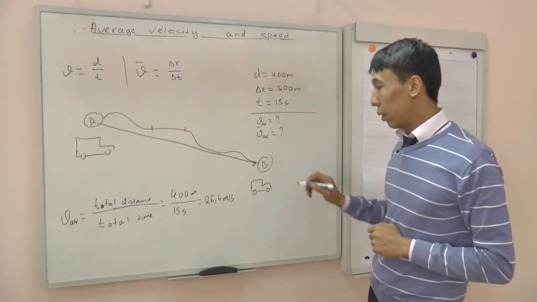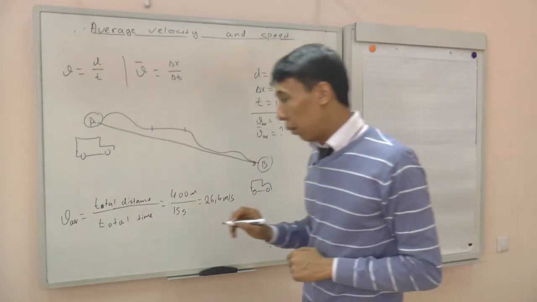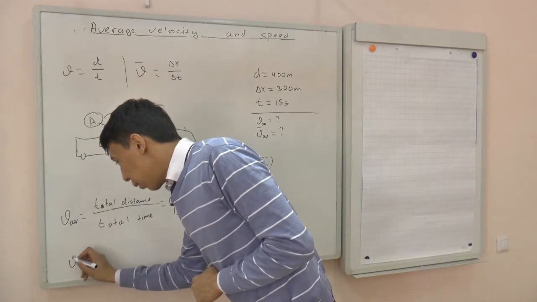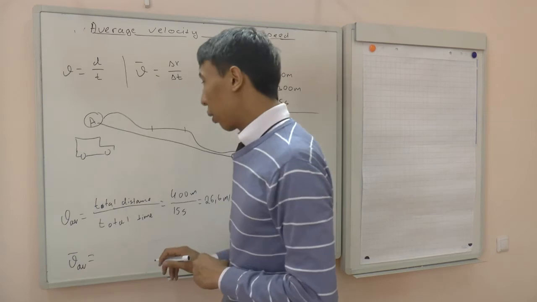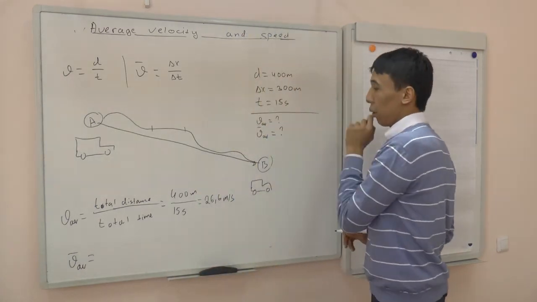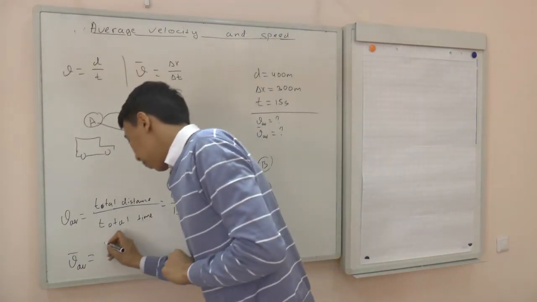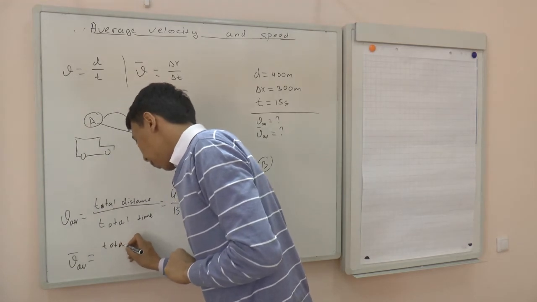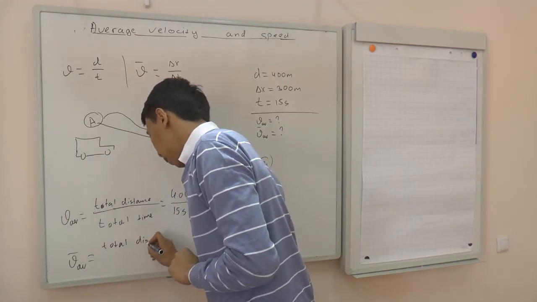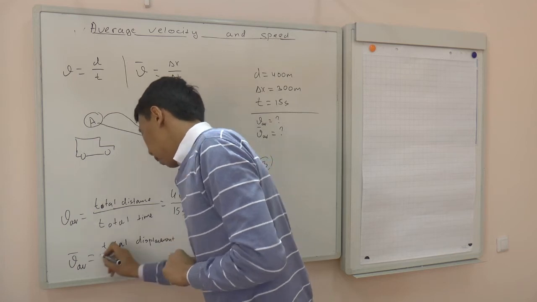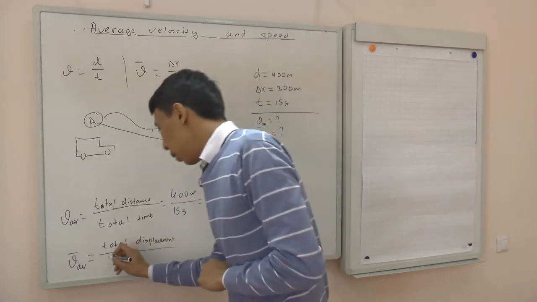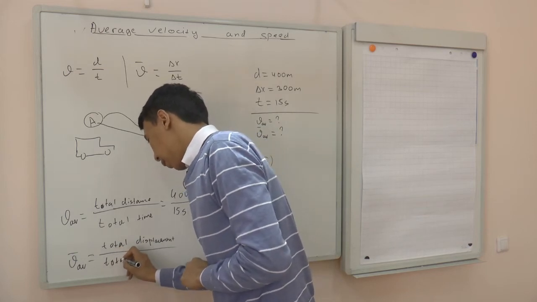In this case, we should use average velocity, which is total displacement and total time.